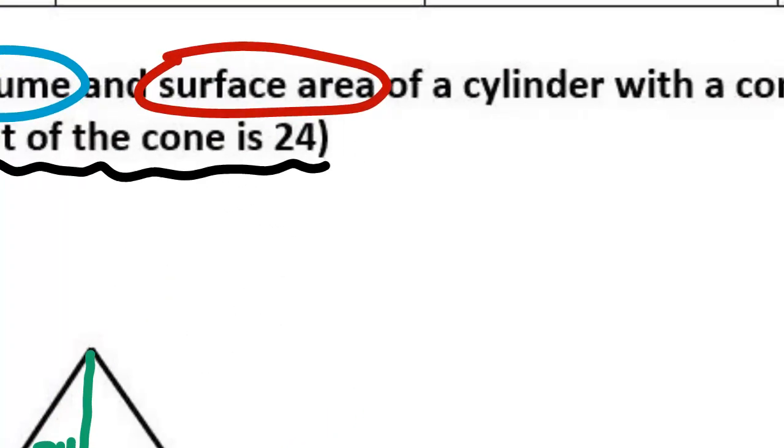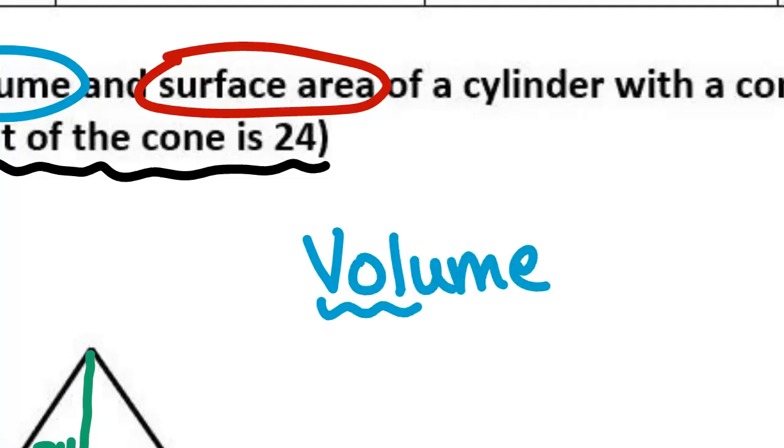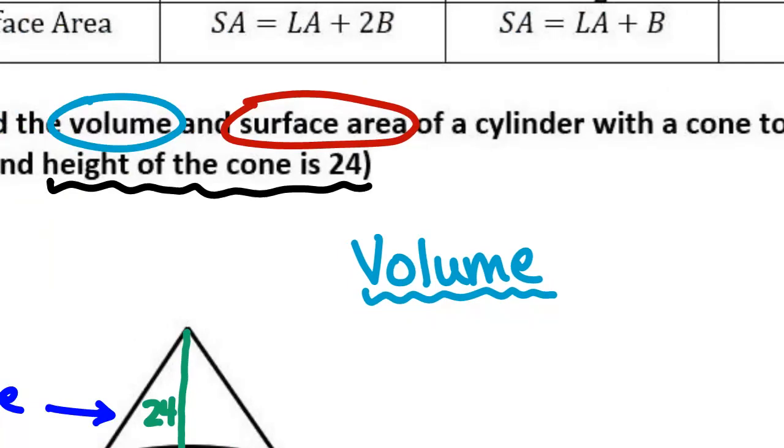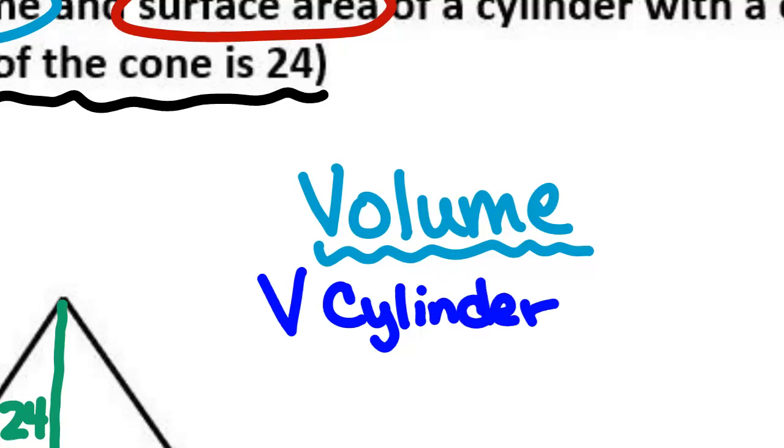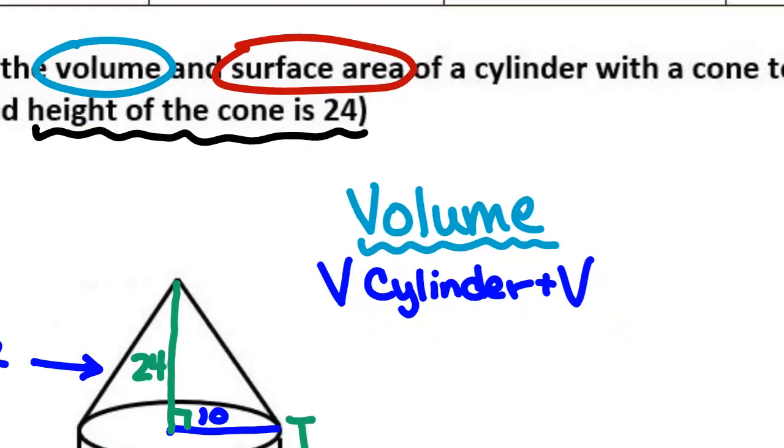So for volume, we're going to need to take the volume of the cone plus the volume of the cylinder. Order does not matter since we're adding them together. I could say volume of cylinder plus volume of cone or volume of cone plus volume of cylinder.